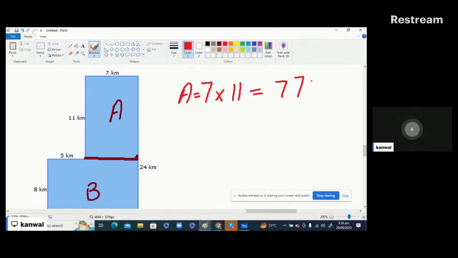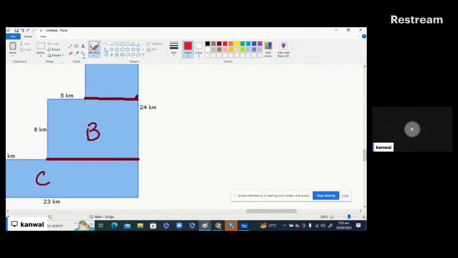This is kilometer, kilometer, these are also square, so kilometer square. This is the area of the rectangle A. Okay, let's find the area of the rectangle B, then find it out the area of the rectangle C. Let's do for the B.